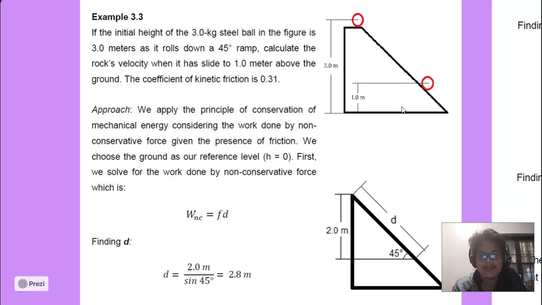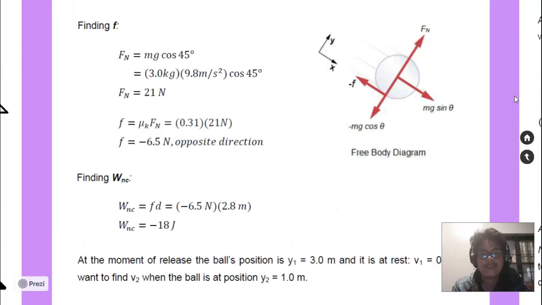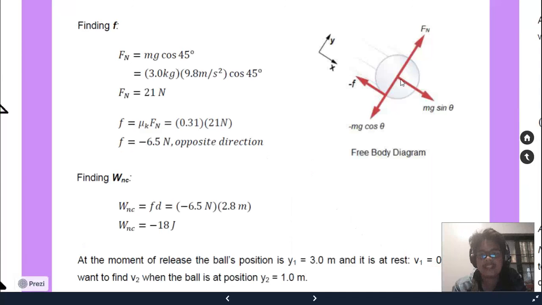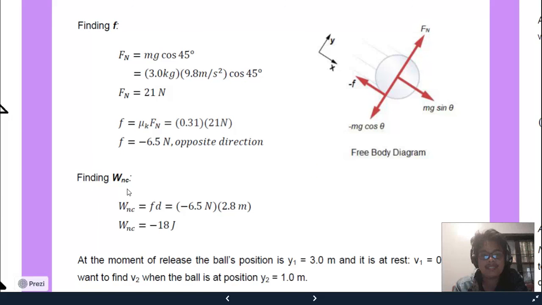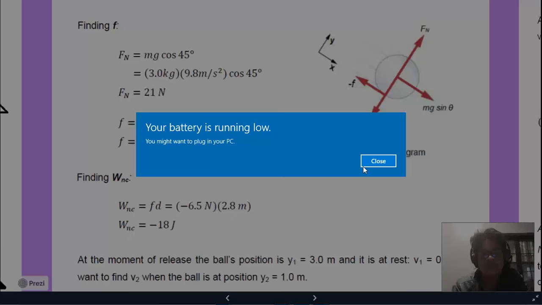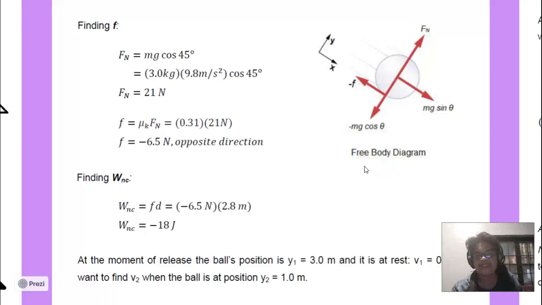Okay, thus the W sub NC is equal to friction times the distance, which is equal to the negative 6.5 newtons times the 2.8 meters na nasolve natin, and thus the work done by non-conservative force is negative 18 joules.